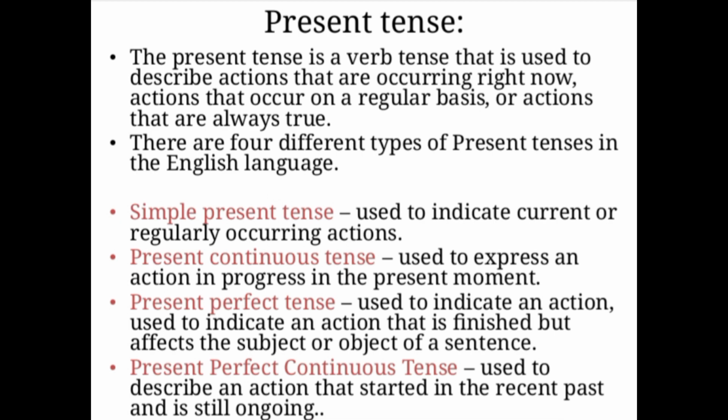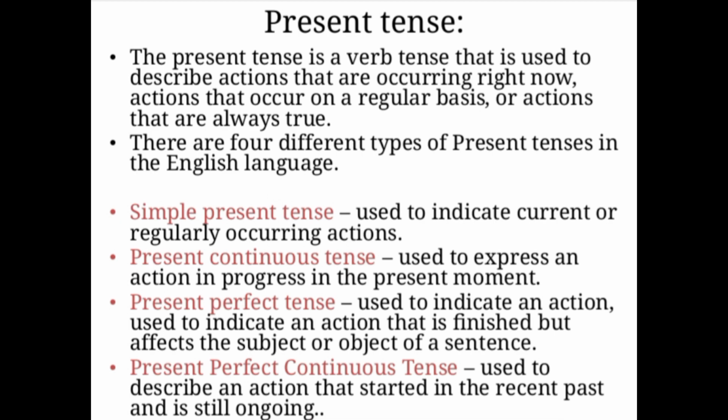And we use present continuous tense to express an action that is in progress in the present moment. We use it to tell the actions that are ongoing, the action that is in progress.